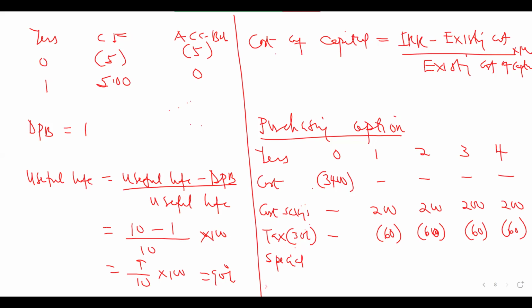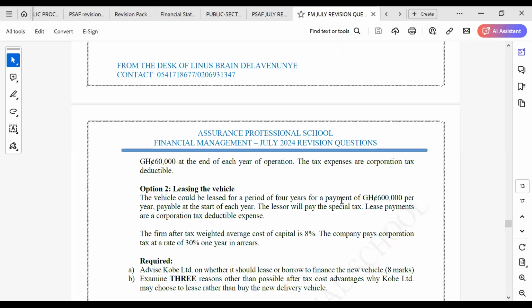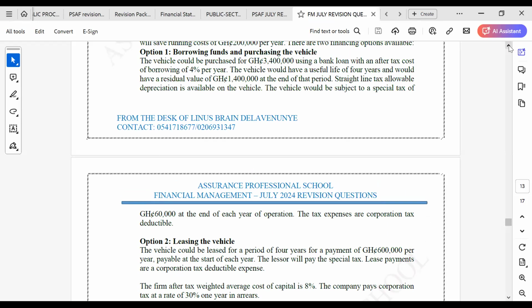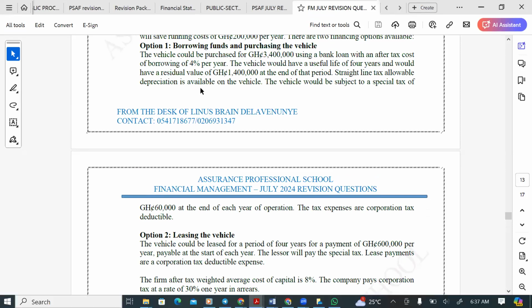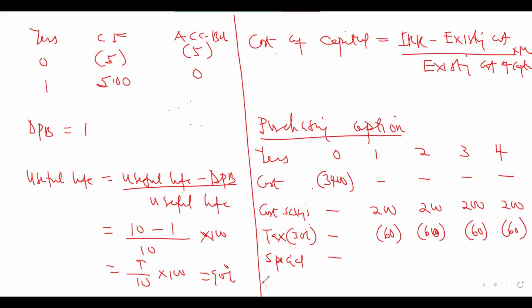Okay, the special tax is just a coincidence that is the same as the tax that we are paying on that one. I said that you can actually ignore the core savings because it will be the same for the two, but let's just show it. So we have the special tax of 60. That will still be a 60. That will still be a 60. That will be a 60.